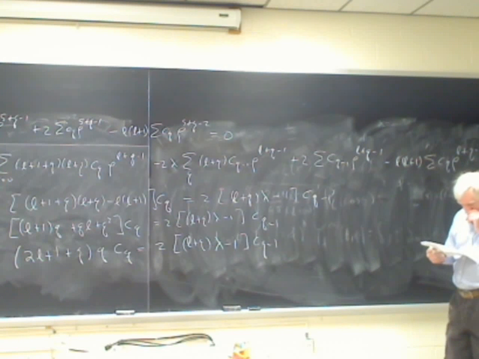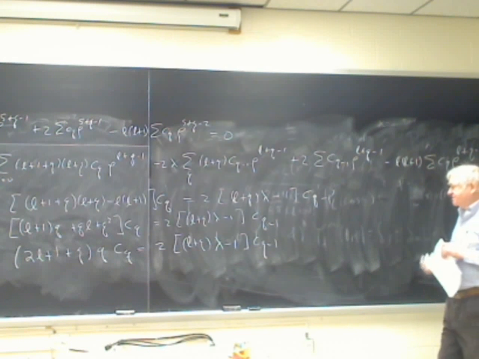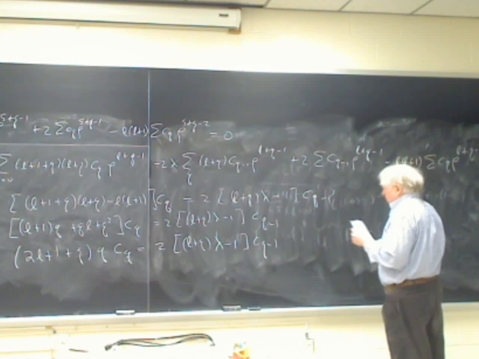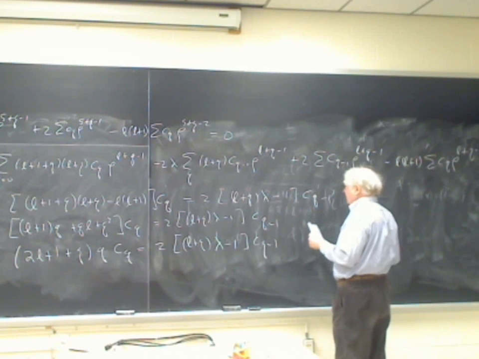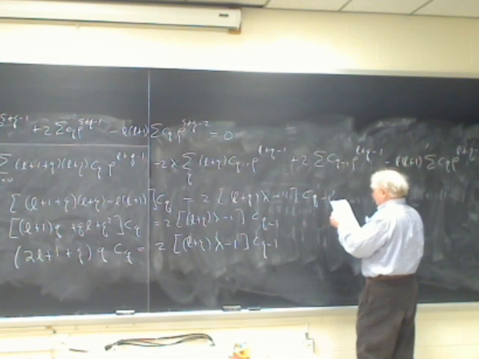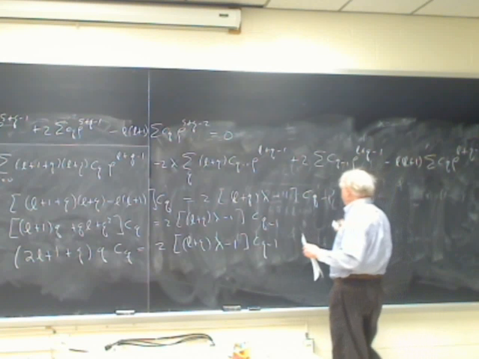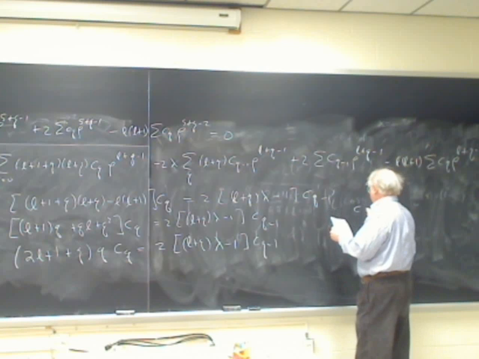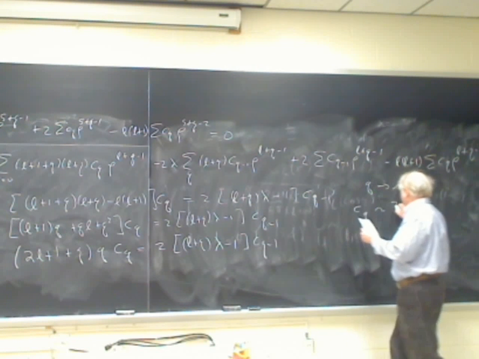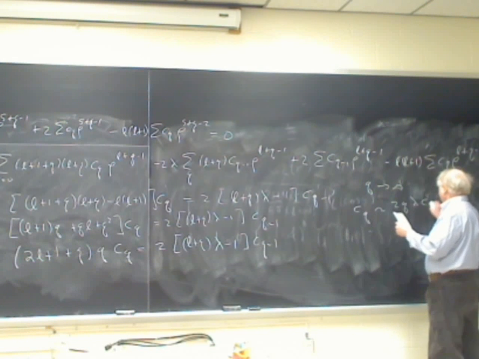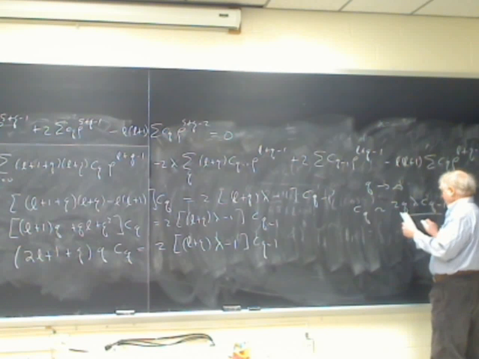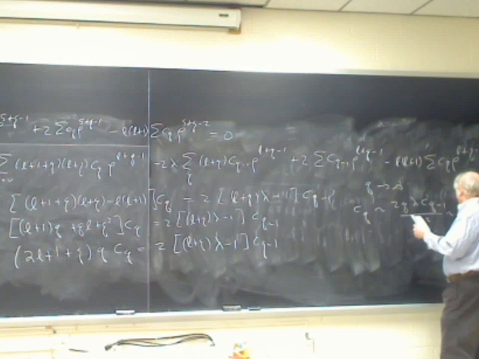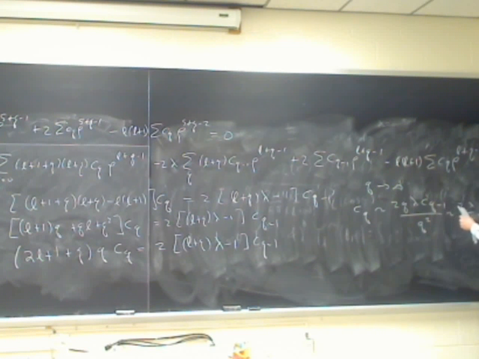Now, with that recursion relation, what does this tell us? Well, it tells us in particular that as q goes to infinity, c_q is approximately 2q lambda c_{q-1} over q squared, or 2 lambda over q c_{q-1}.